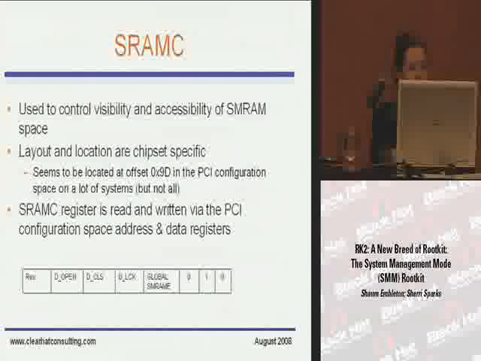We read and write the SRAM-C register using those two PCI configuration space registers that we just talked about. The main bits that we're interested in this register are the dopen bit, the dclose bit, and the dlock bit, particularly the dopen and the dlock.